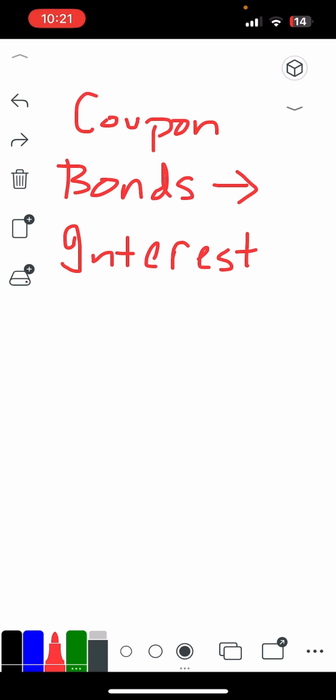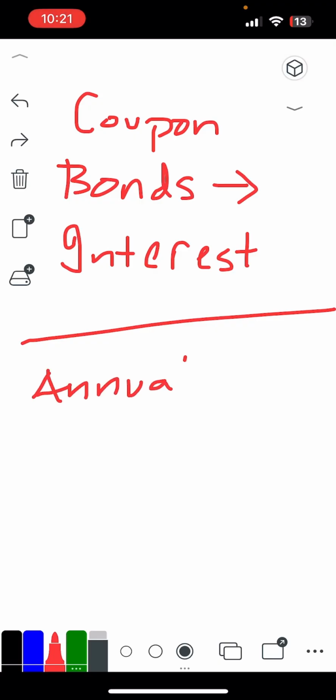As to how much you will receive in interest payments, that is based on your current yield. What exactly is current yield? We have something called annual yield, and we have something called current yield.